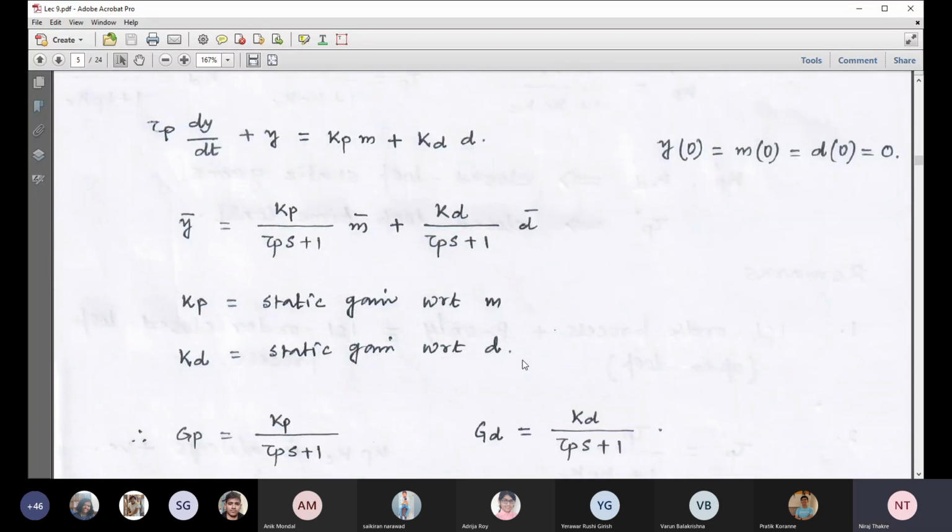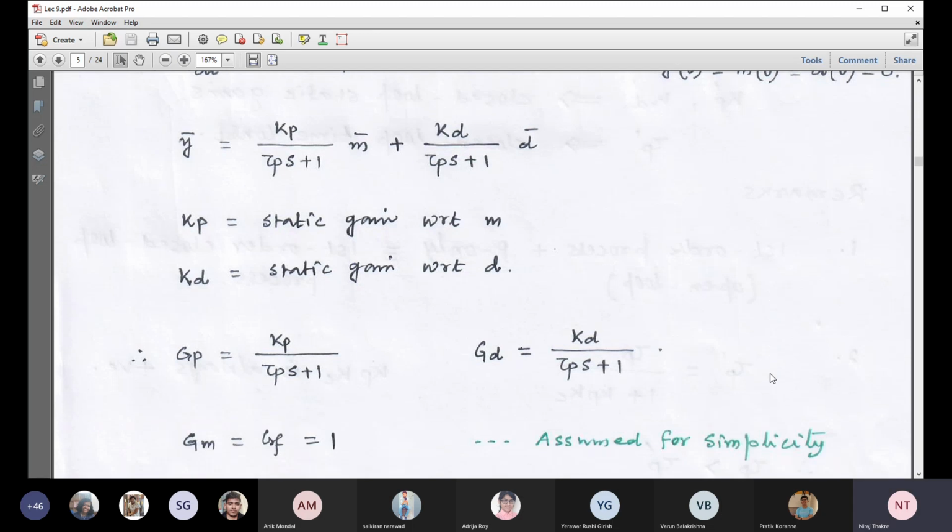Now you know we have these two individual transfer functions for the process. One is GP, another one is GD. As I showed, we are basically trying to have 5 individual transfer functions. Then only we can use the standard closed loop transfer function equation 6. So GP and GD we got for the process. These are the two transfer functions we got for the first order process.